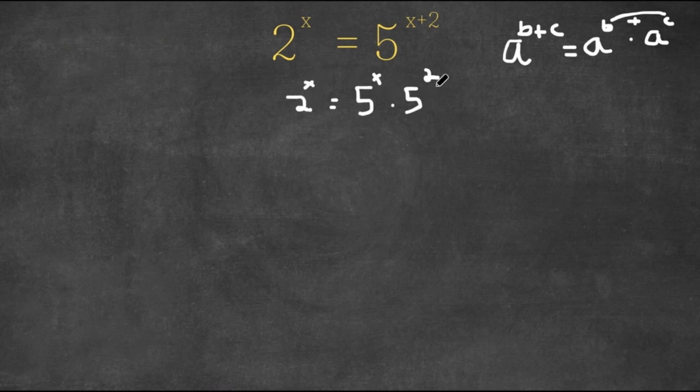Now, 5 squared, as we all know, is 25, right? So this is 5 to the power of x times 25 equals 2 to the power of x.